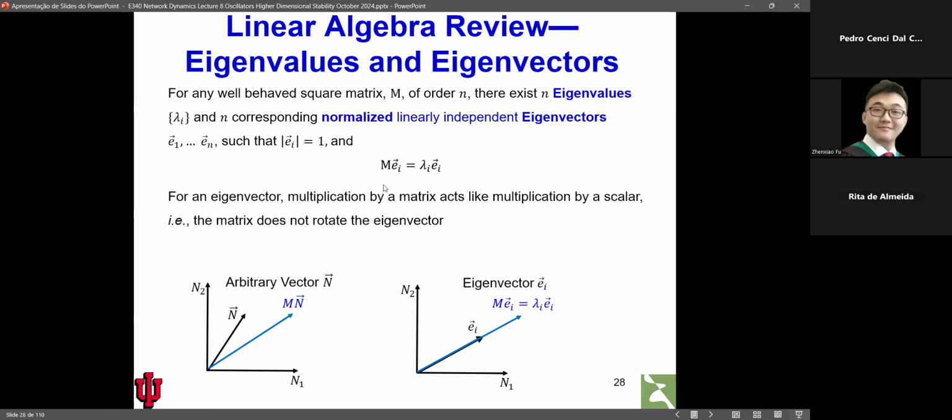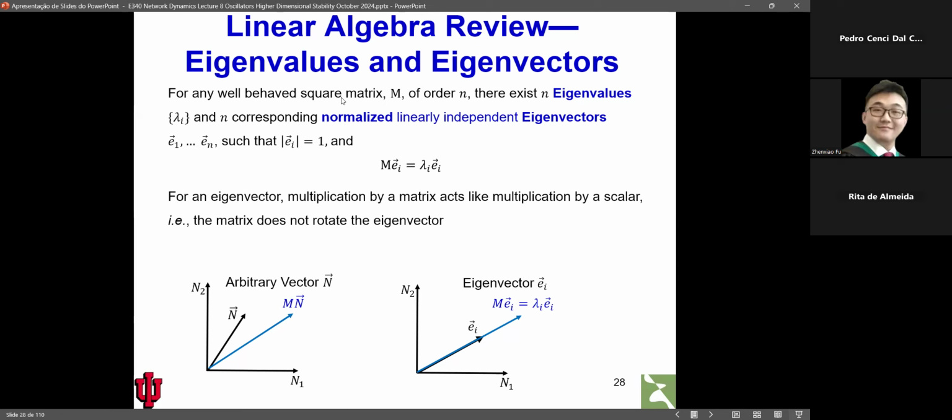So that's what we are going to talk about, just a linear algebra review of eigenvalues and eigenvectors. I will go a little bit faster because you already understand, but if you haven't, please tell me. It's very important that you learn this. This is a powerful technique, not only for this equation, but for any dynamic equation that you can have.